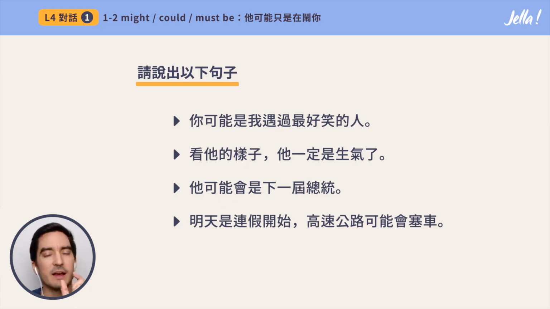Now, one thing that a few people had trouble with was the funniest person. So you need to be careful about this. So this is saying you are number one, meaning you are the best. You are the most funny person I have ever met. Now, funny, there's some rules about using the word most and using est. So you got to be careful about this.